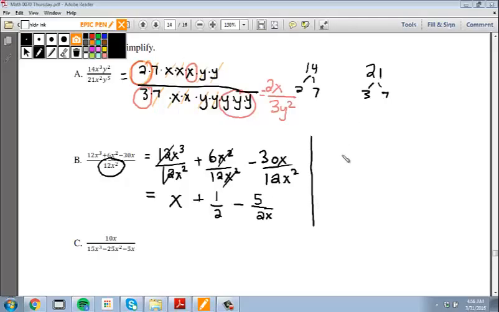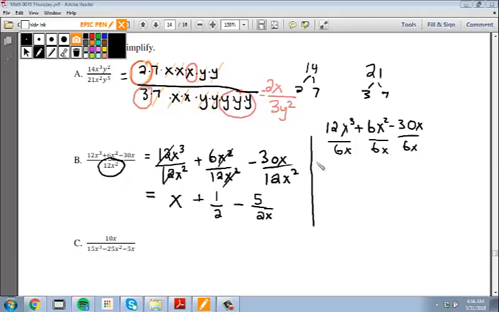I do want to point out that sometimes it may be useful to factor the numerator instead of breaking it up into 3 fractions like this. And here's what I mean by that. If I look at just the numerator, I have a GCF of 6x.